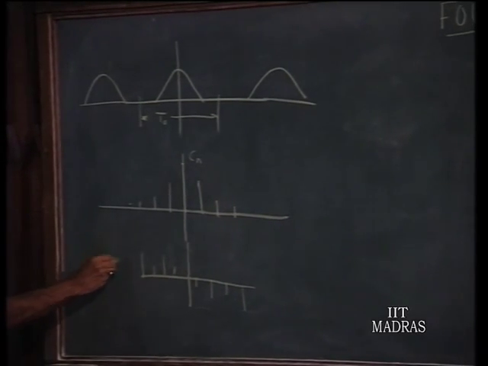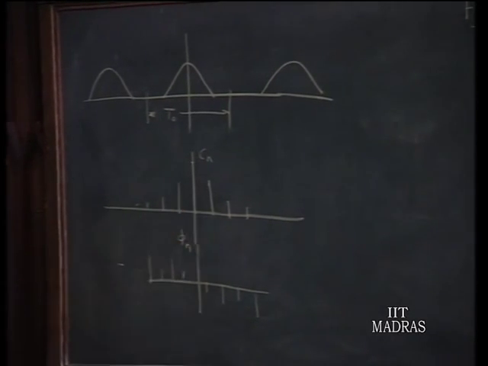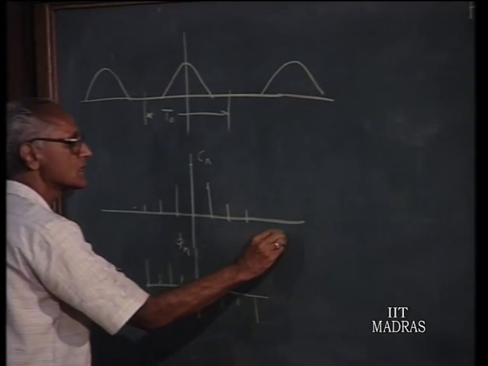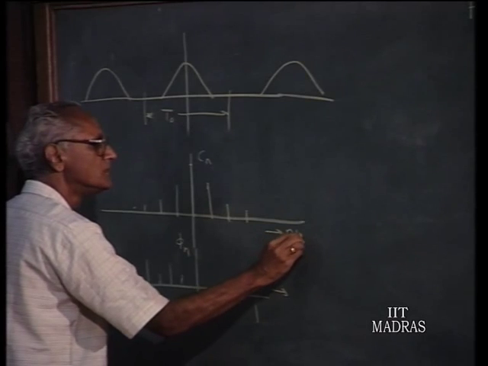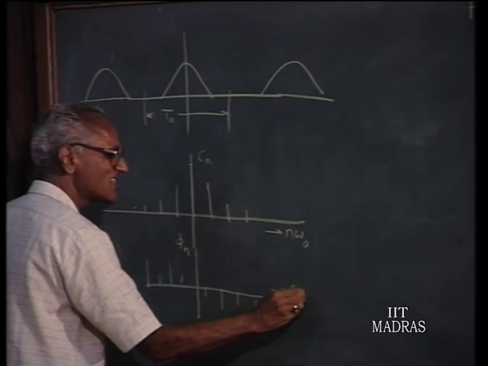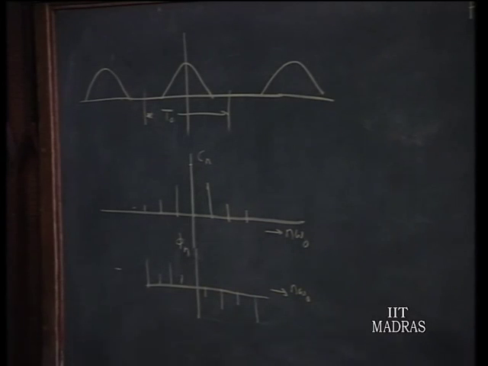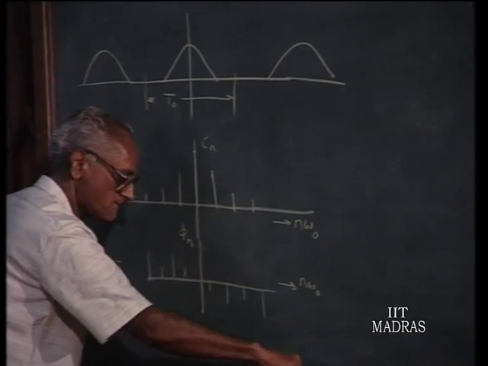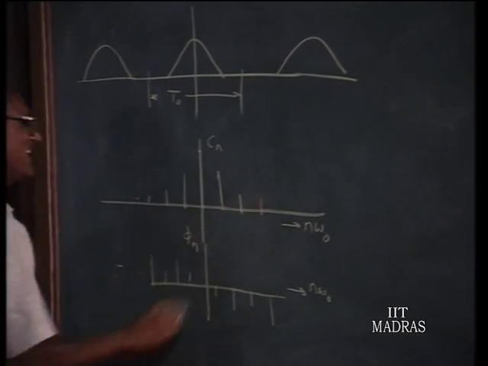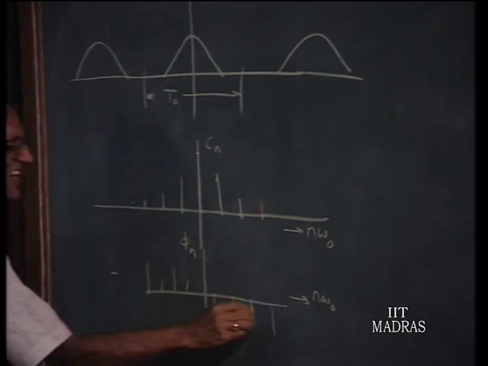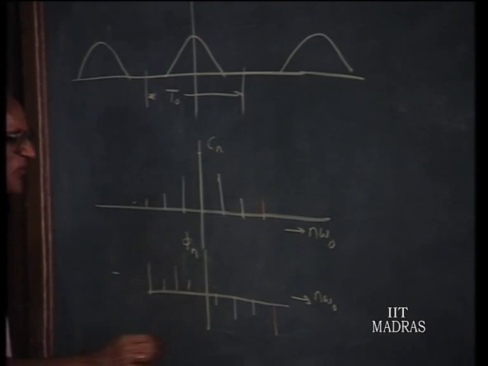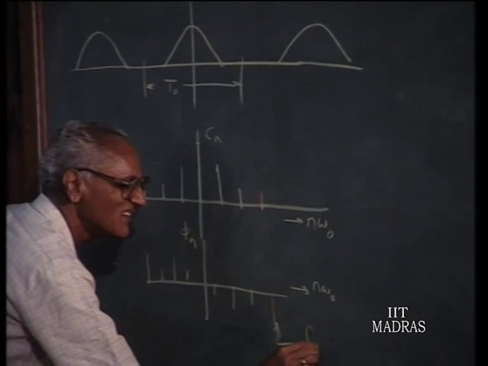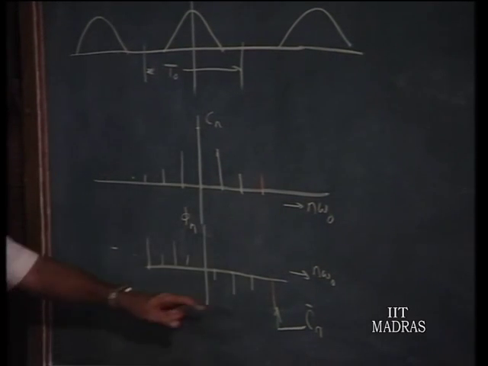as you recall. The magnitude spectrum is an even function of n and the phase spectrum is an odd function of n. So, this x axis can be graduated in terms of frequency n omega naught or in terms of n. Now, a particular C n here and the corresponding phase together, this specifies the magnitude, this specifies the phase.